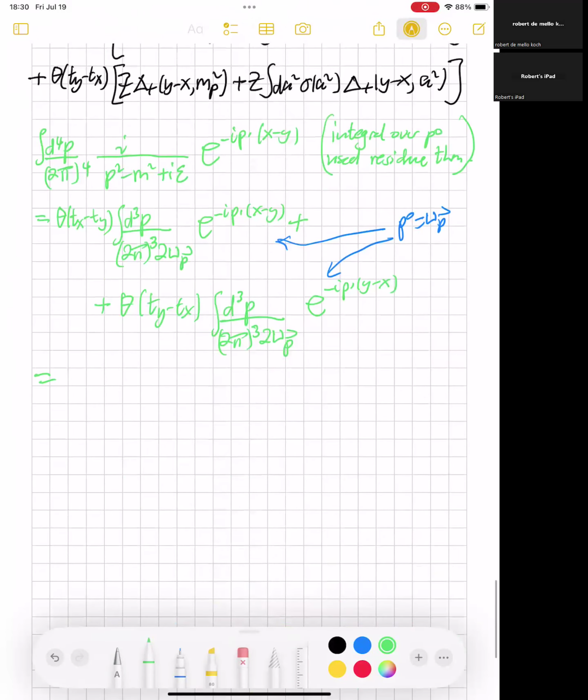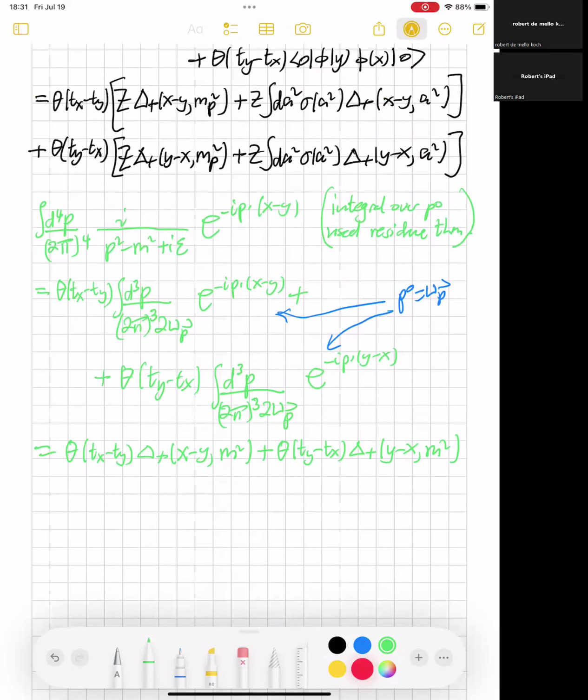So in fact, this is theta of t_x minus t_y Δ_+(x−y, m²) plus theta of t_y minus t_x Δ_+(y−x, m²).